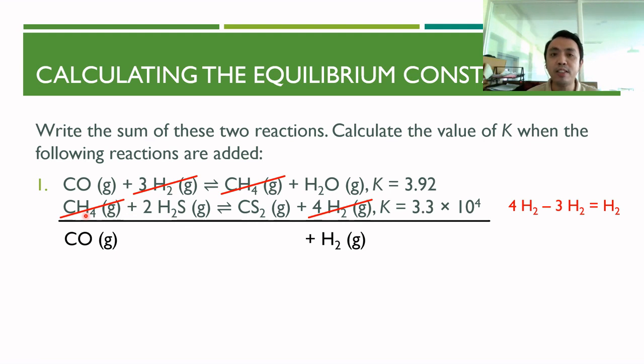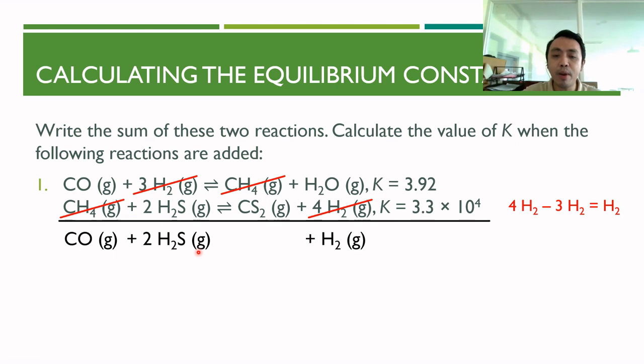And CH4 does not appear in the sum of the two reactions. Finally, we have H2S. Looking at the H2S, we see that H2S does not appear in the first reaction at all. So we simply copy the 2H2S as follows.